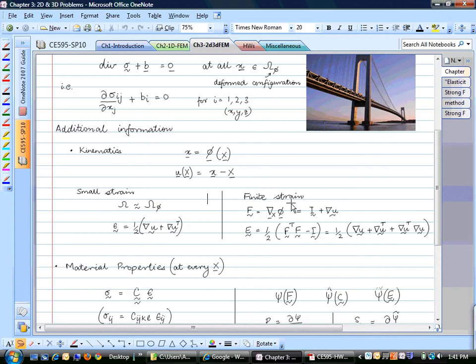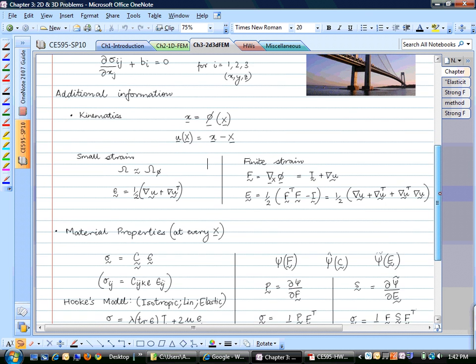On the other hand, in finite strain, when you have finite deformations, we defined a quantity called F, the deformation gradient. In terms of the deformation gradient, we calculated the Green-Lagrange strain. This is the full nonlinear strain. You can see that this is the part which is linear, and this is the quadratic term sitting in there.